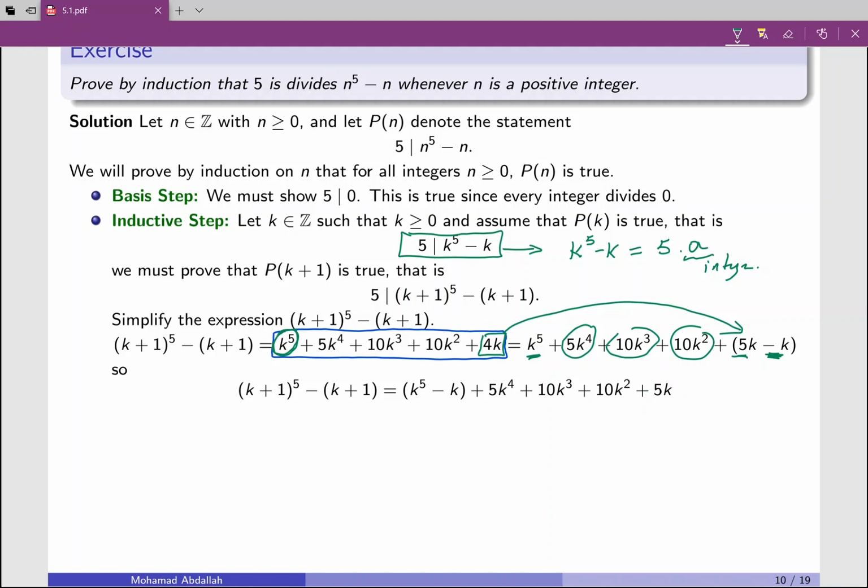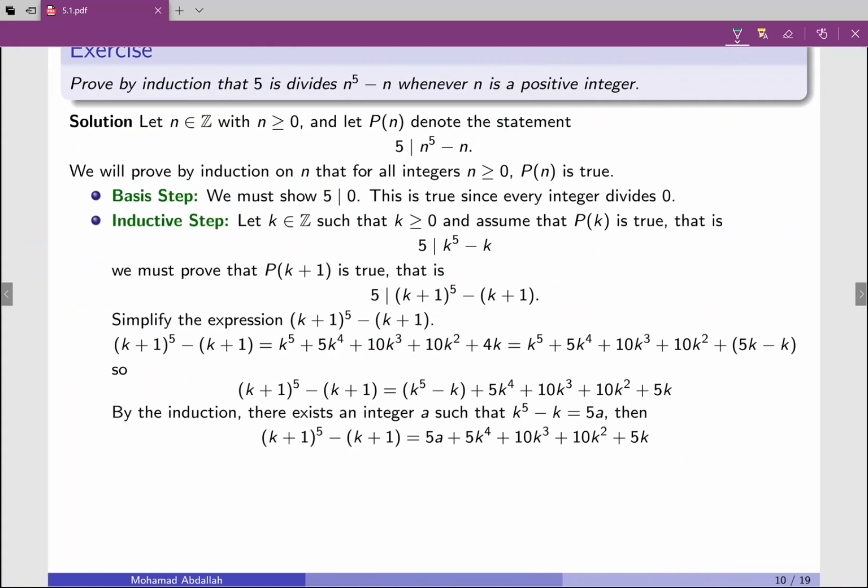Now, by the induction hypothesis, I know that k to the power 5 minus k can be written as 5 multiplied by a, where a is an integer. So k to the power 5 minus k is written as 5a, and everything else here is left the same.